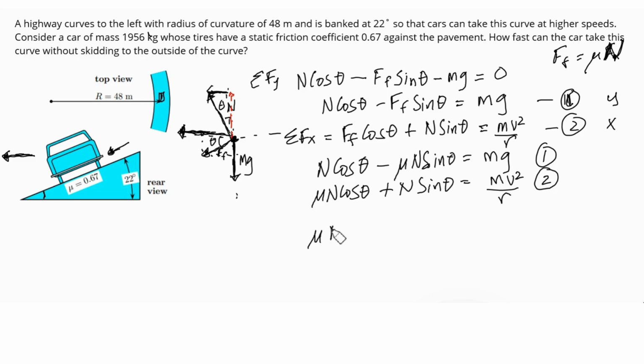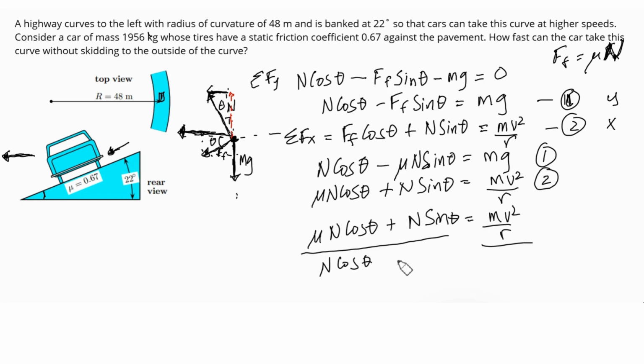So I'm going to write mu n cosine theta plus n sine theta equals mv squared over r, and I'll divide both sides by this side, which would be n cosine theta minus mu n sine theta, and that's mg. And so now I can get these n's to all cancel away.